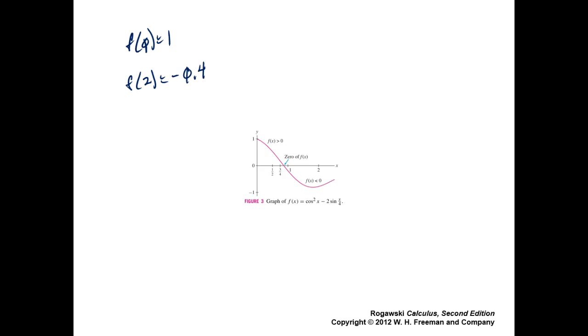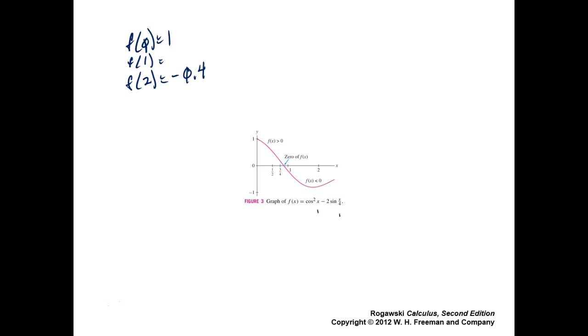Cosine squared of 1, be sure you're in radian mode. Cosine squared of 1 minus 2 times sine of 1/4, 0.25. So let's do f of 1. What does that give you? Plug in a 1 here and a 1 there.